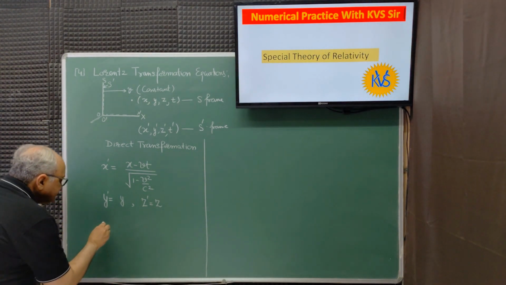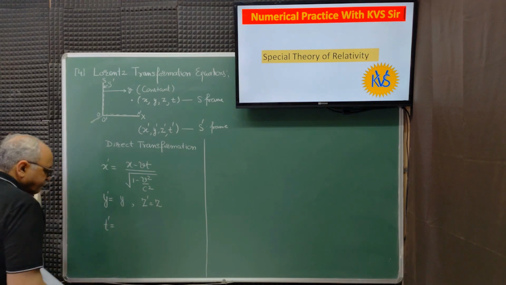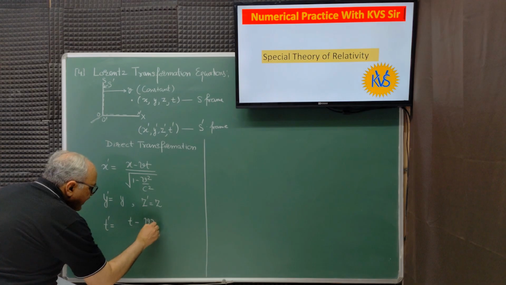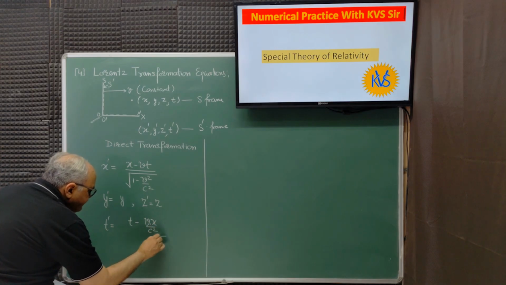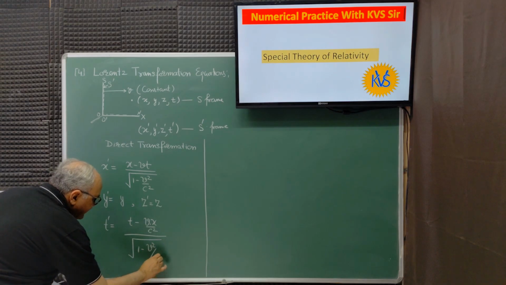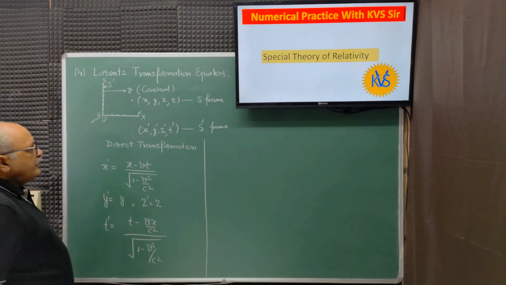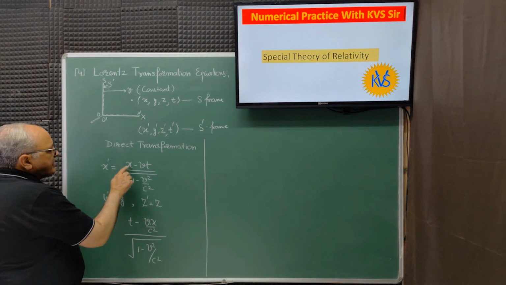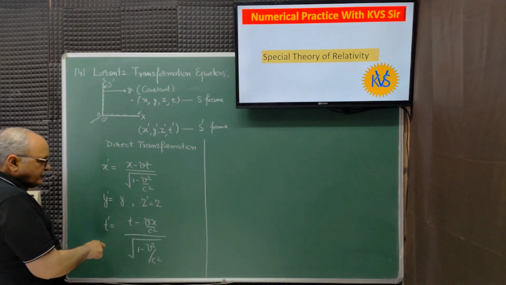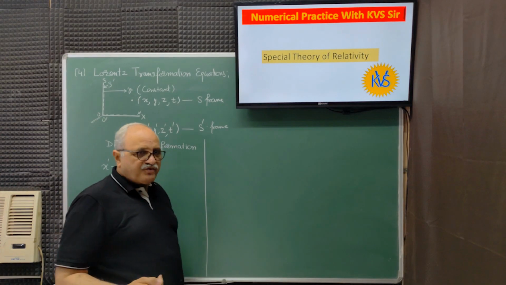However, there is a transformation equation for time, and that is t dash equals t minus vx divided by c square, whole divided by under root of 1 minus v square by c square. Now this means that we know the parameters from the S frame and we are finding the parameters in the S dash frame.